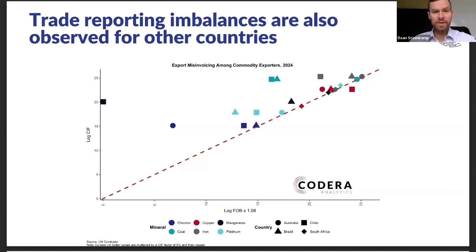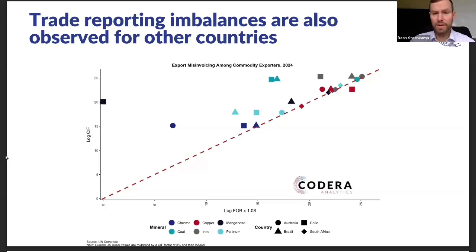Now, what you can see is the CIF value reported by the importing partner versus the free on board value reported by the exporter, plotted against each other. We've also adjusted these for freight and insurance costs.